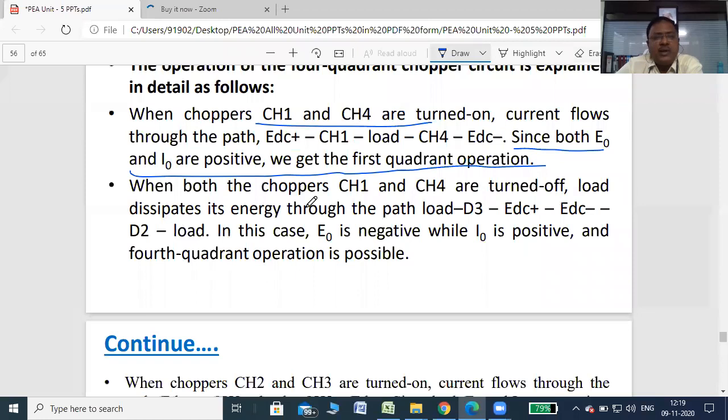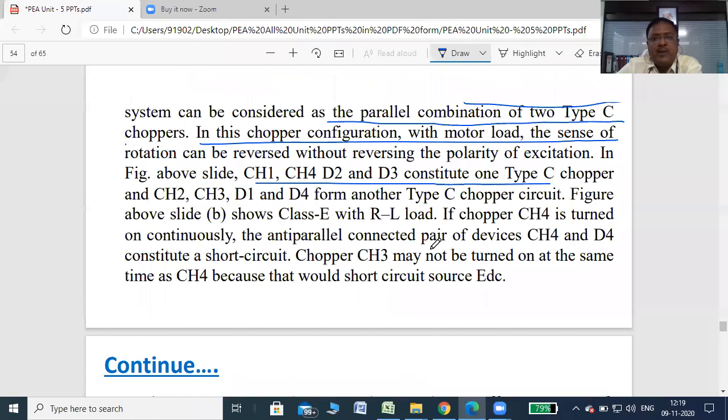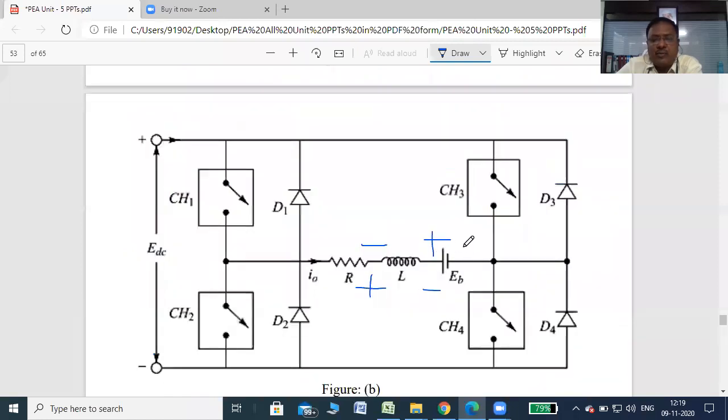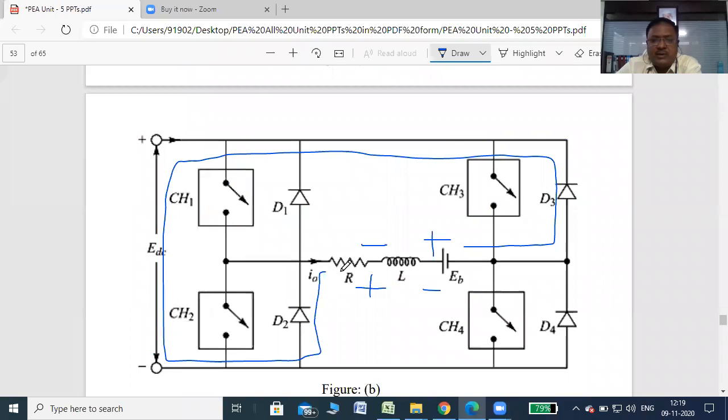So current flows through the path load, D3, EDC plus, EDC minus, and D2. Current starts to flow from L positive, then D3, then EDC plus, then EDC minus, then D2, and then back to the R.